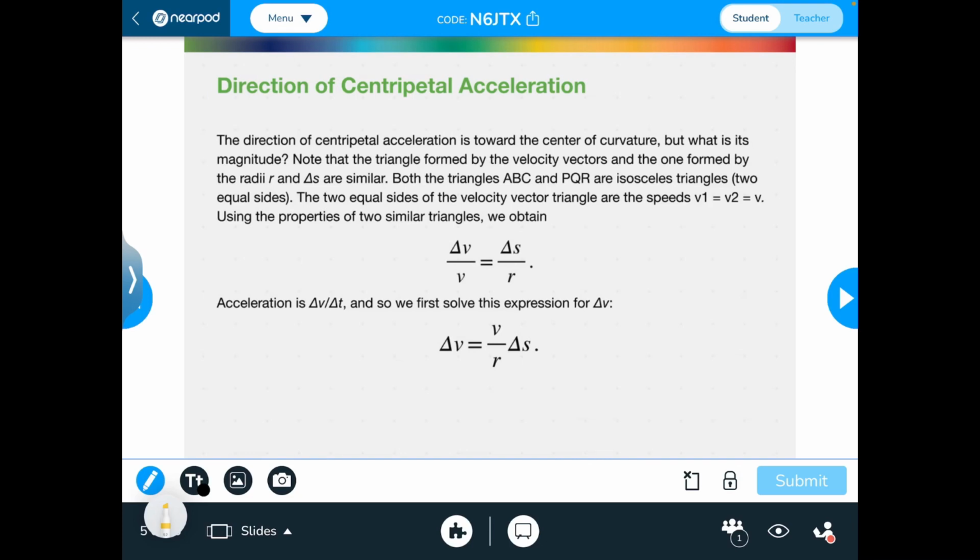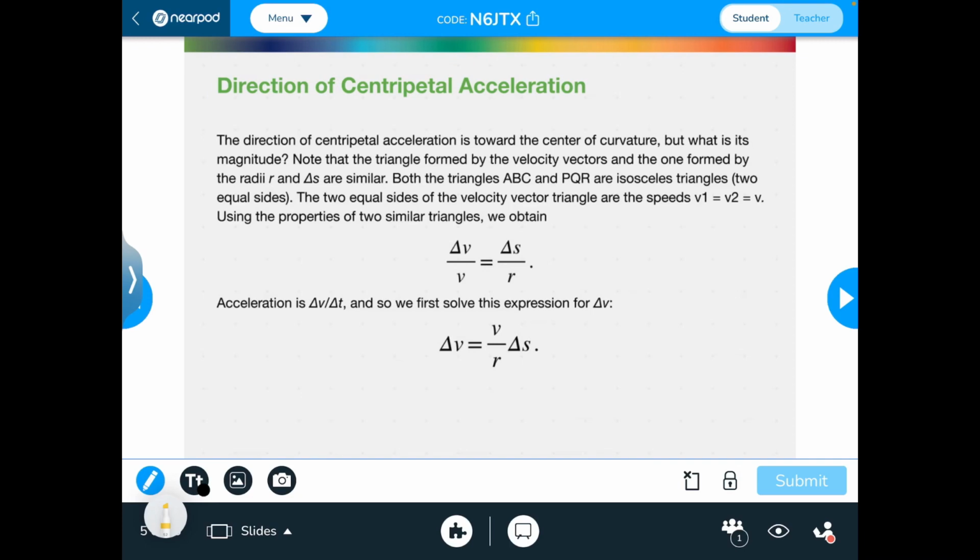So we can set up this proportion here, where we have the change in velocity, which was that one side by itself, over the velocity, which v1 and v2 are the same, and that is equal to the arc length, which is the curved part of it.